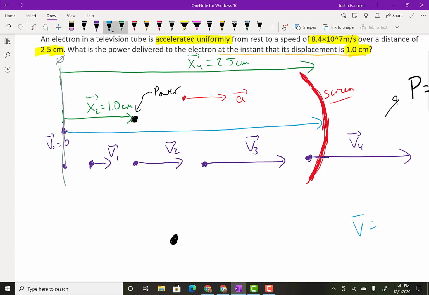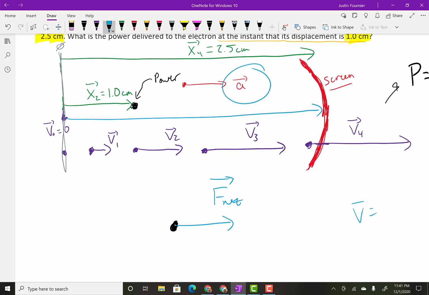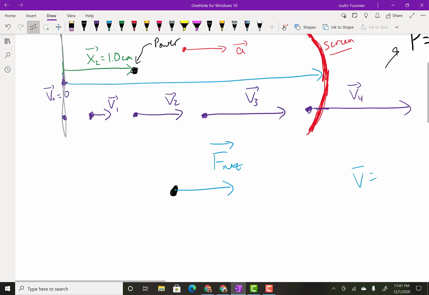So here's my electron at any moment. There would be a net force accelerating the electron this way, and I know that because the acceleration's constant. It's essentially using Newton's second law, F net equals ma.